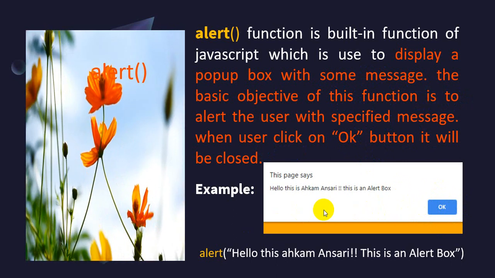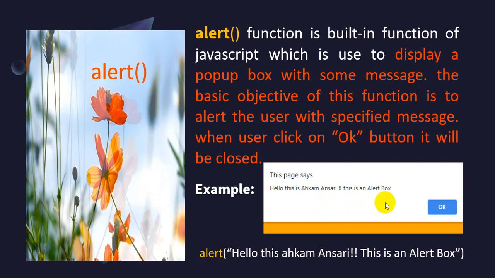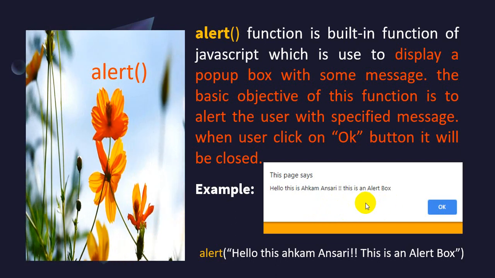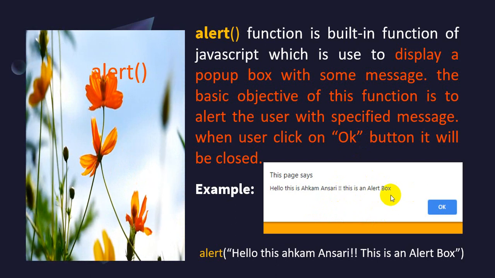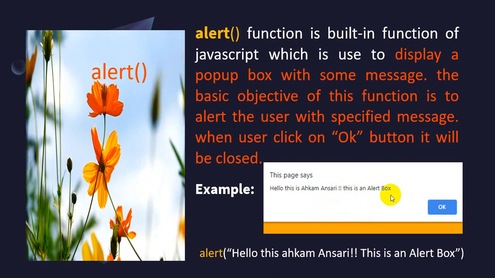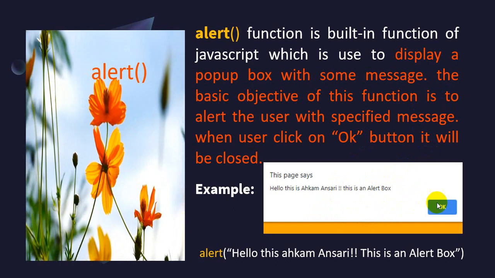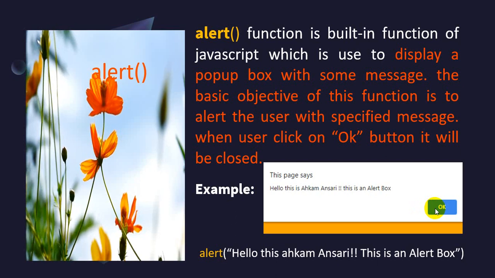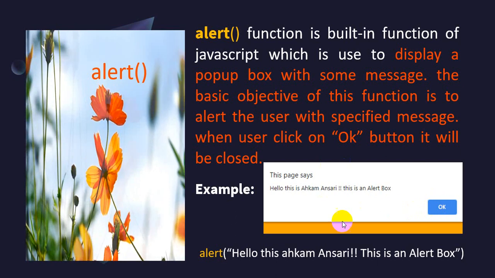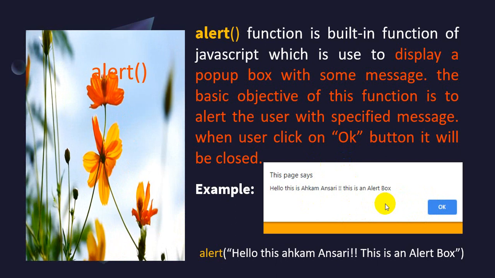Please remember, the only difference between an alert box and a confirm box is how you come to know whether it's an alert box or a confirm box. The basic difference is that the alert box has only an OK button. The only option you have is to click on the OK button, and then it will close. In a confirm box you will have one more button, called cancel.